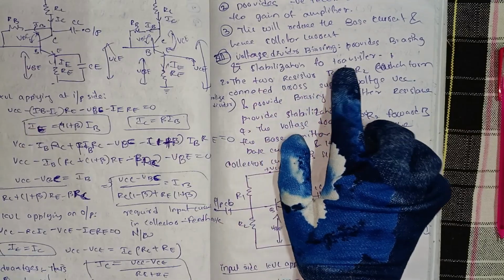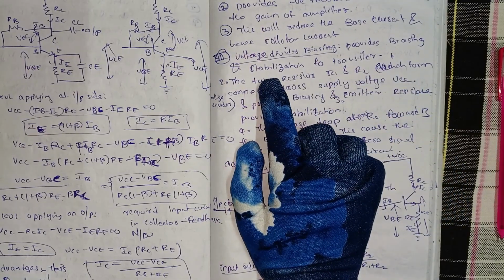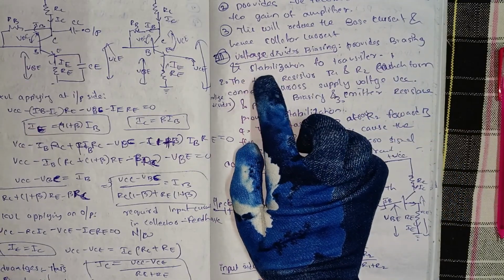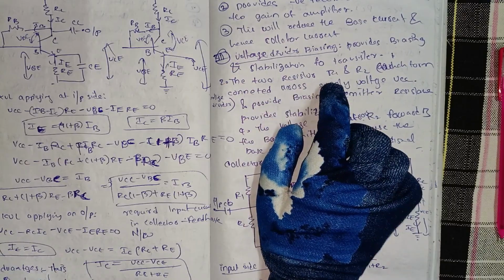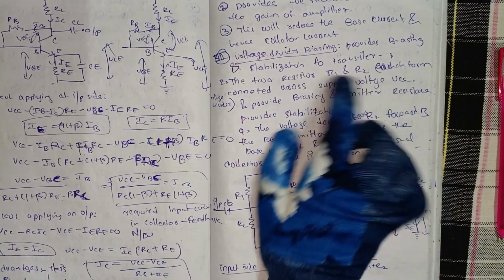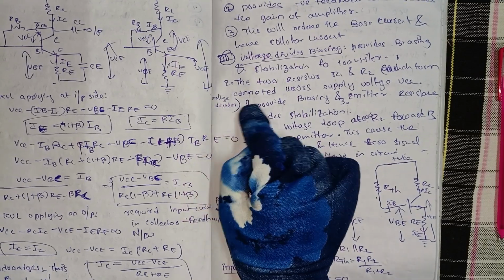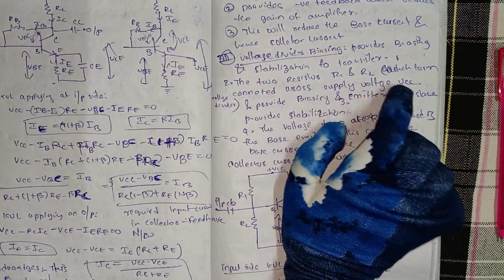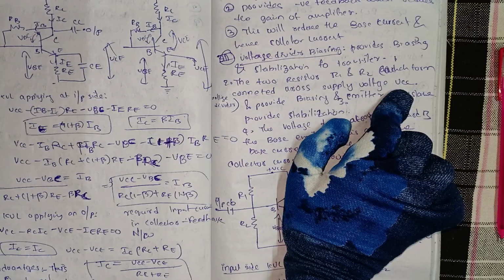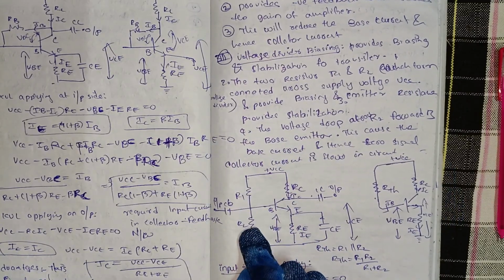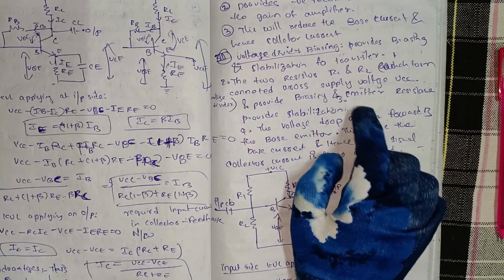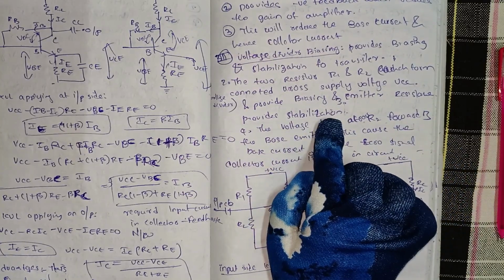Then voltage divider biasing provides biasing and stabilization for the transistor. The two resistors R1 and R2 form a voltage divider connected across the supply voltage VCC. They provide biasing, and the emitter resistance RE provides stabilization.